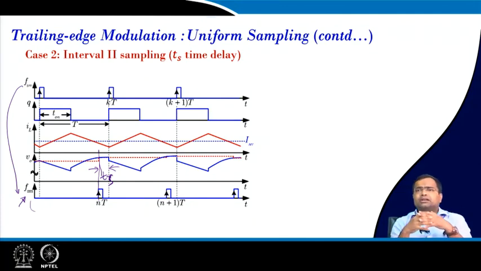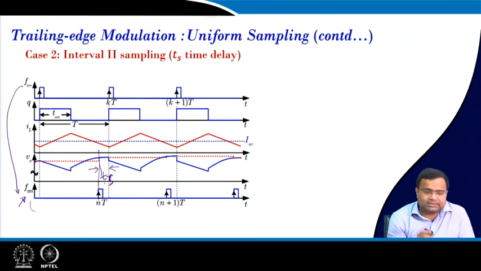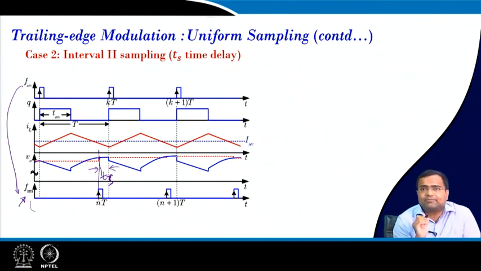That means the cost is high. Or you can use simply a successive approximation ADC. So there are many ADC architectures, but the only thing we need to know is that there should be sufficient sampling delay so that it can complete the conversion as well as the computation in the digital controller. Another interesting point in the boost converter: if you take the sample here, the boost converter actually suffers from the right half plane zero.